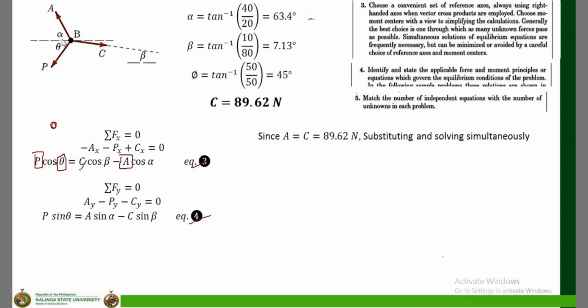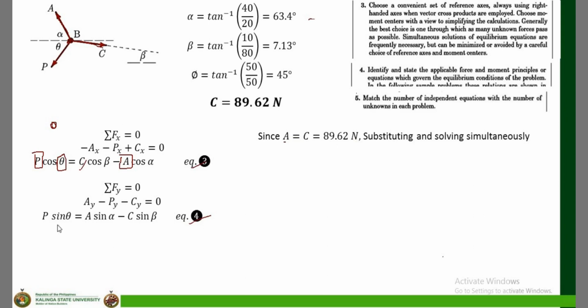Since the pulley at point B is frictionless, the force in the rope does not change. So, A is equal to C, and that is equal to 89.62 newtons.